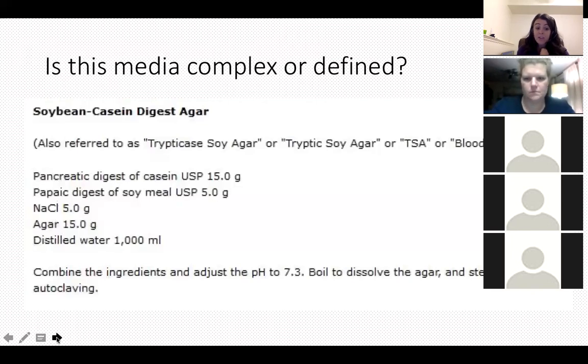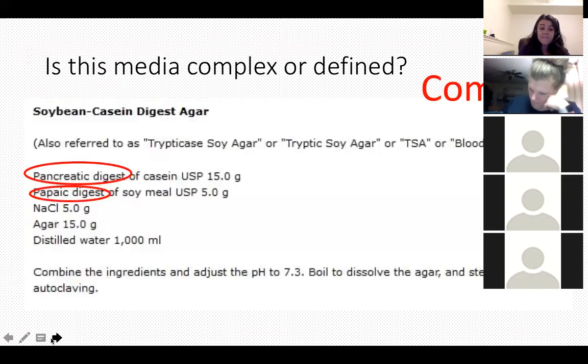So pancreatic digest, or if you ever see the word digest, is kind of in that same camp as extract. So pancreatic digest, papaic digest, both of those are going to suggest that it's complex media and not defined.